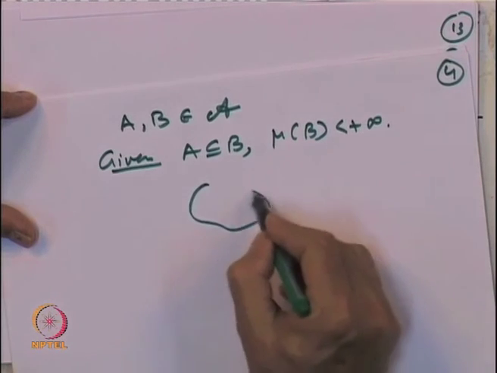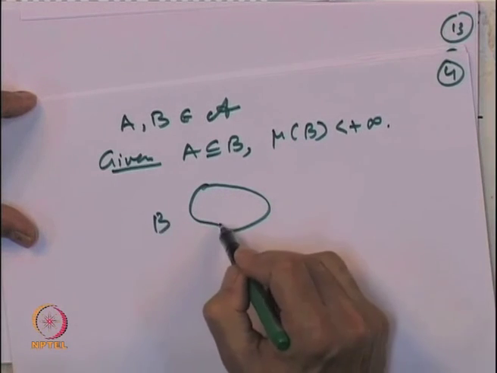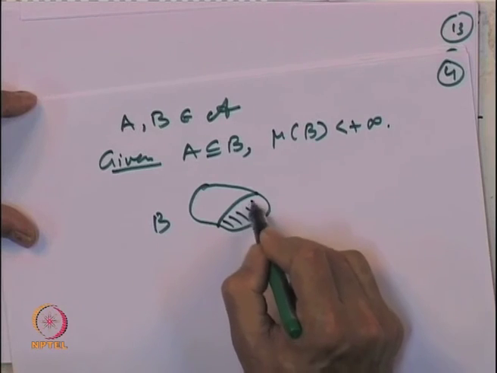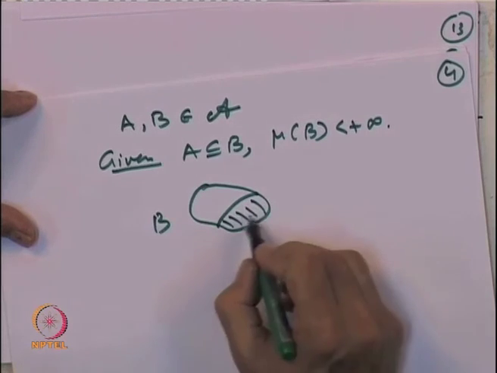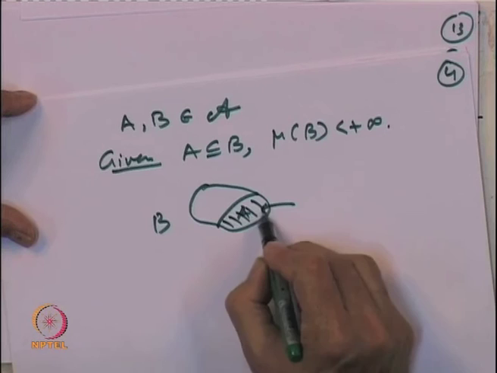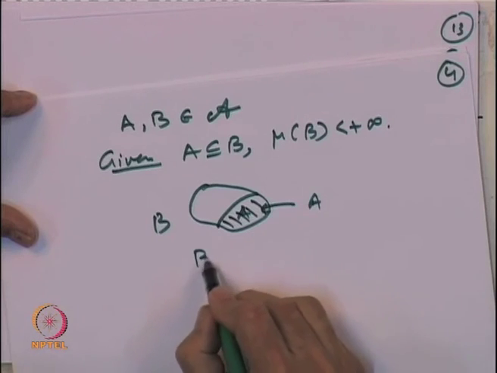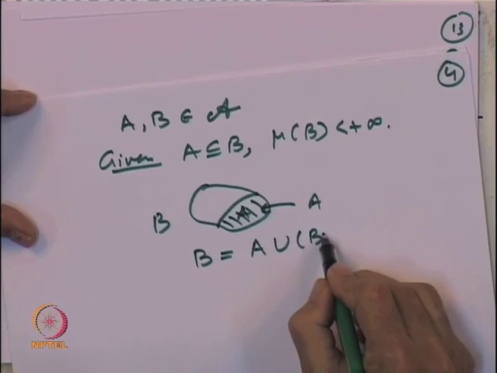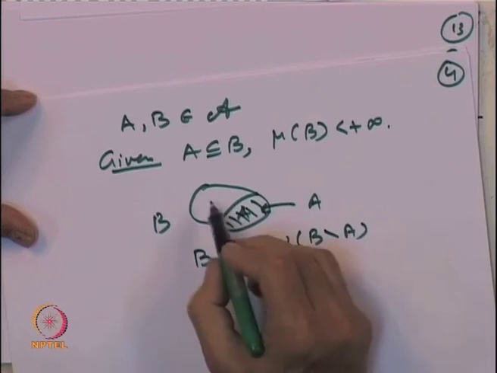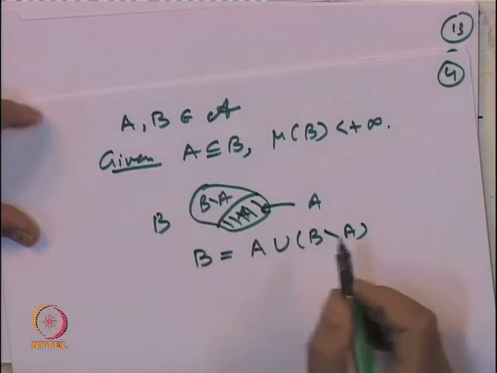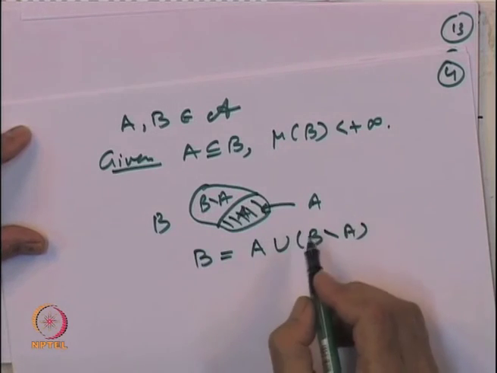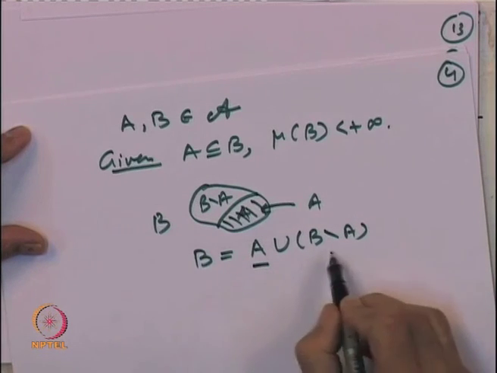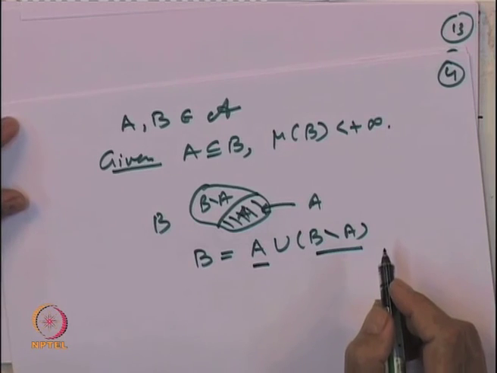So, here is the set B and A is a part of it. So, this part is A. We can write B as A union B minus A. So, this is the part B minus A. And note that A and B minus A are disjoint sets.